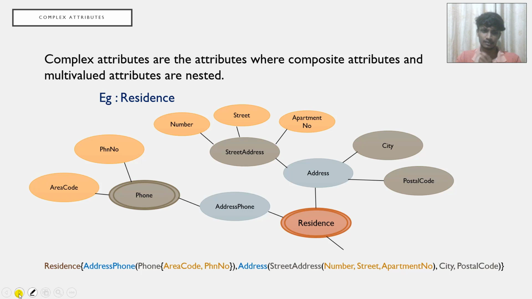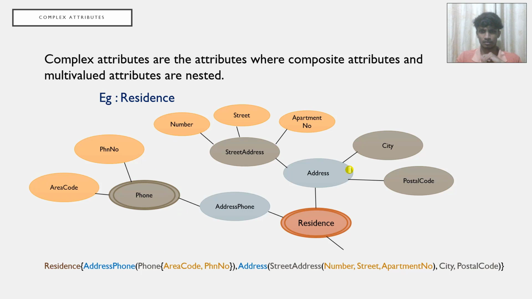So here I have been given an example. I think this is the exact same example as in our notes. The resident, address, phone, phone, area code, phone. Likewise, there are so many attributes.